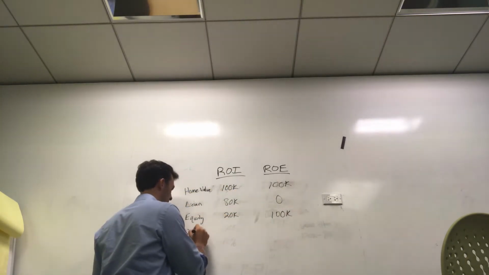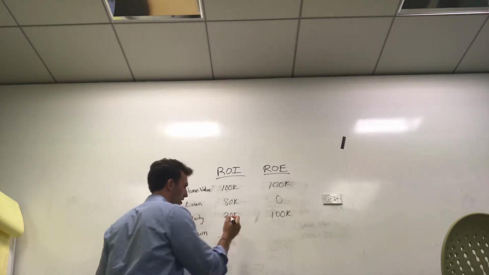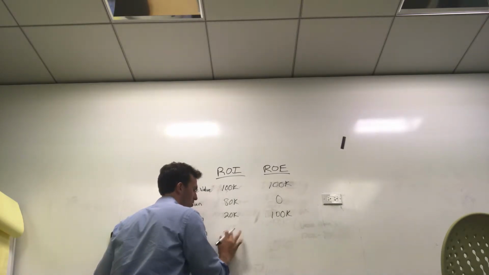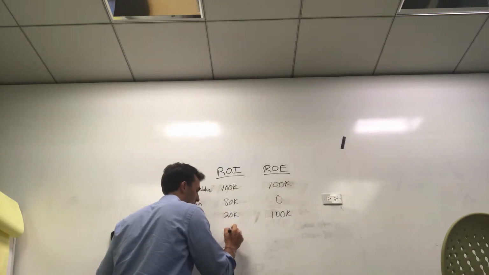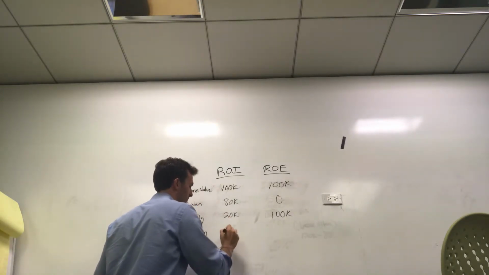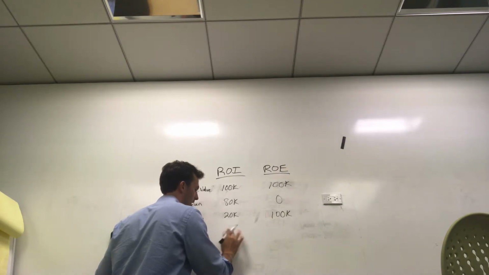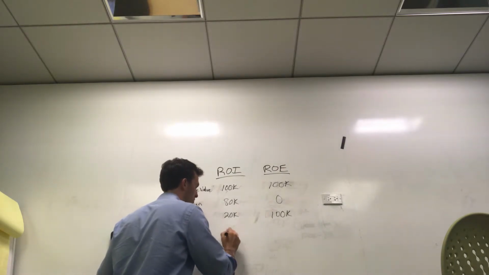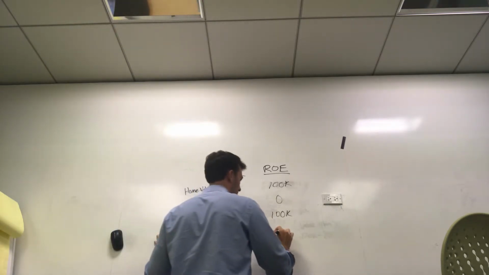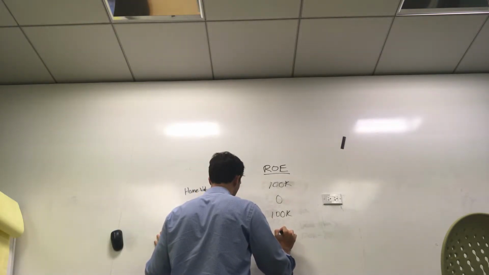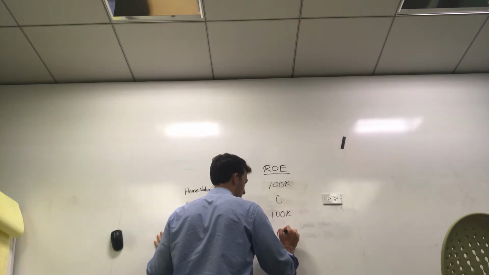My return is going to be, we'll just say again, we'll say this one is 7,000. No, we'll say this one's 5,000 a year return, and we'll say this one's 10,000 a year, 10K a year.